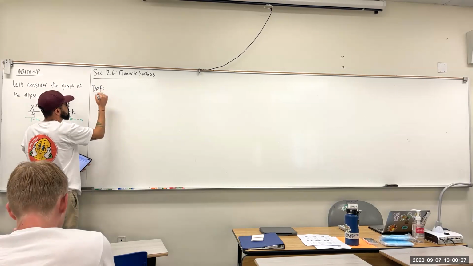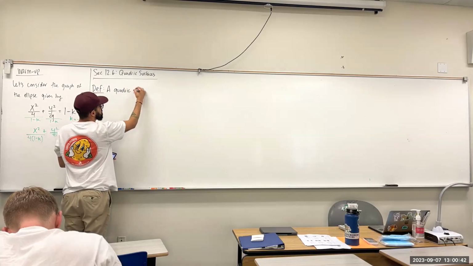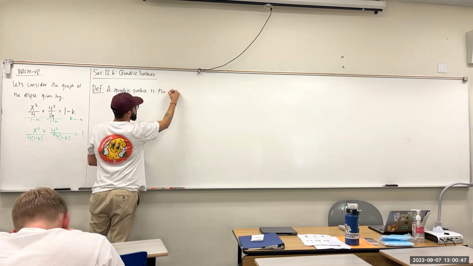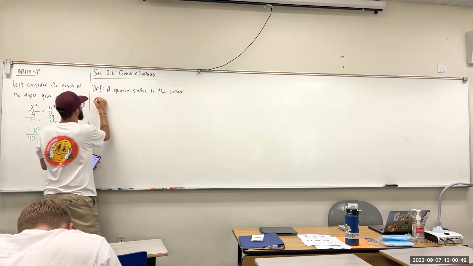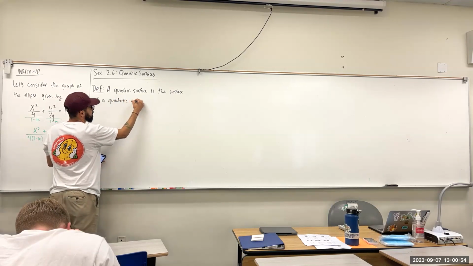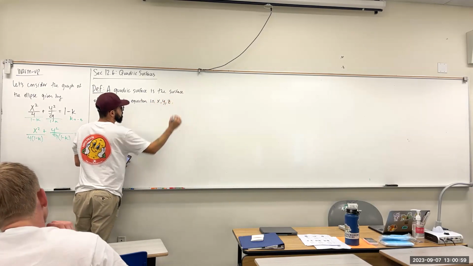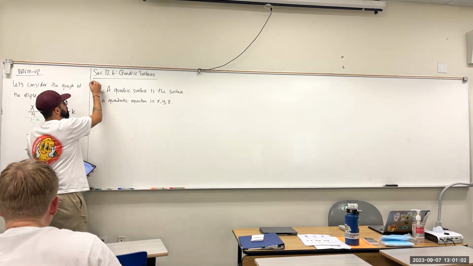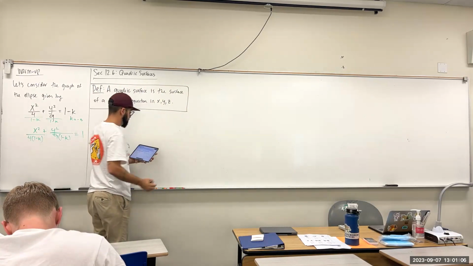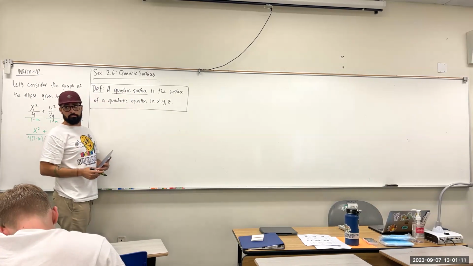We're going to say a quadric surface is the surface of a quadratic equation in x, y, z. So if you have an equation that has x's, y's, or z's, and it turns out to be a quadratic, then its graph is what's called a quadric surface.